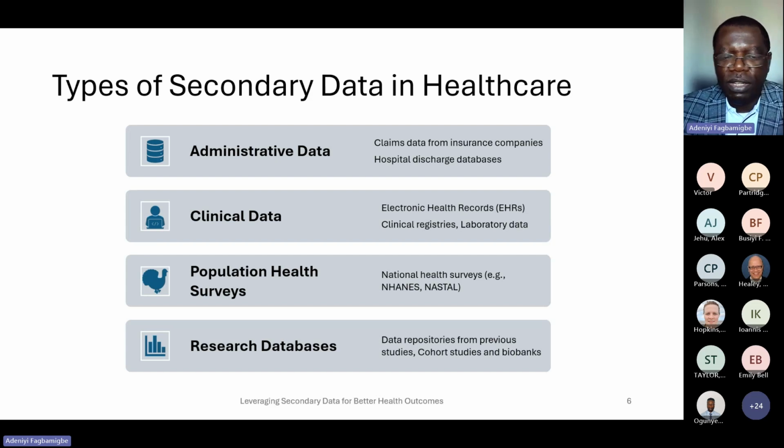Another type is population health survey data, like the popular NHANES, the NASTA, the DHS, where you conduct this type of study to understand the dynamics in the general population. And another type are those repositories deposited in our various research databases, which contain different types of data.